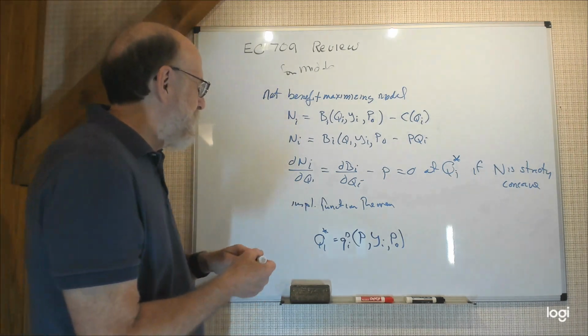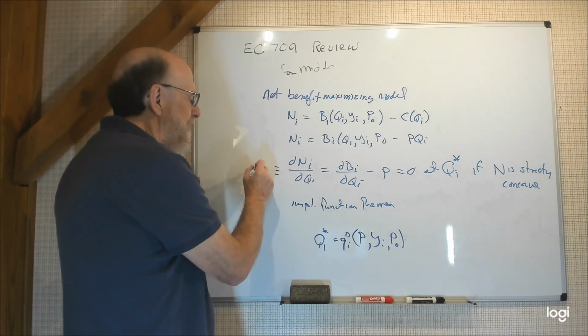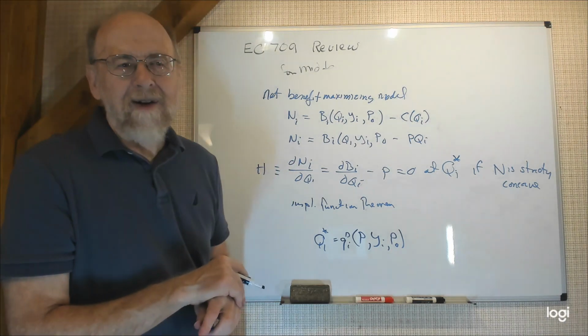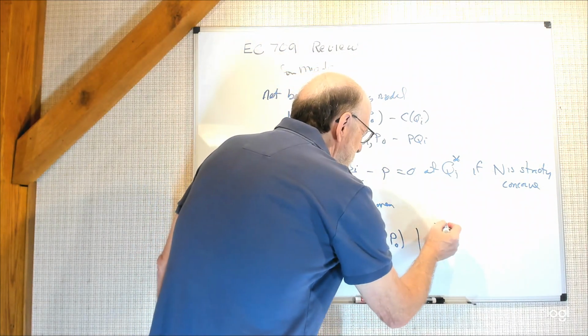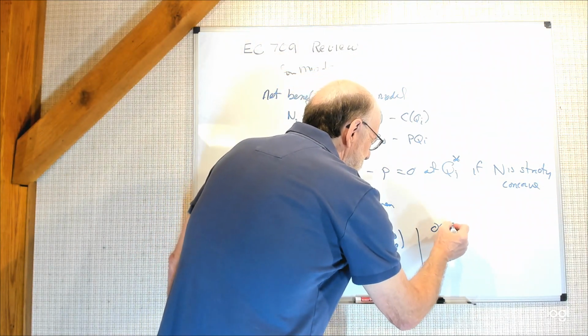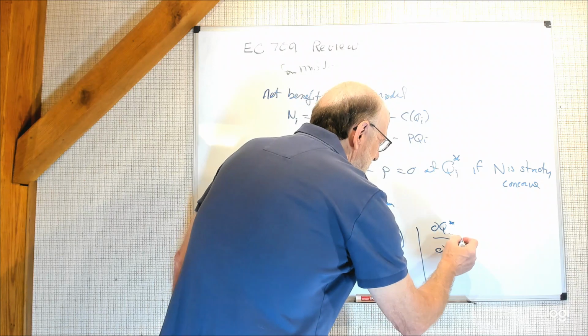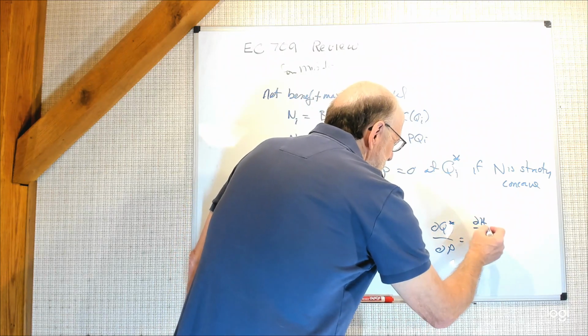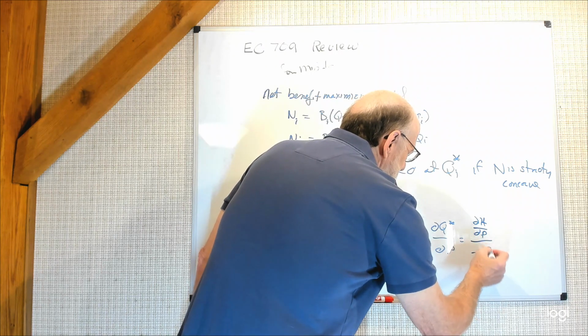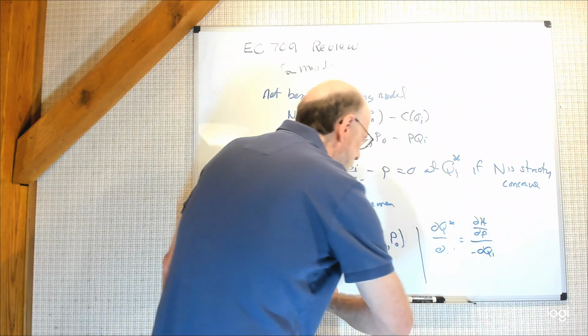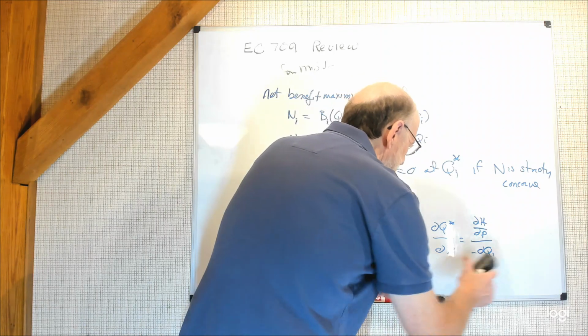And to do that, we basically go back to the zero function, call that h, so we can kind of remember what we're dealing with. And then the derivative of Qi star with respect to P, for example, will be minus the h dp over the h dqi.